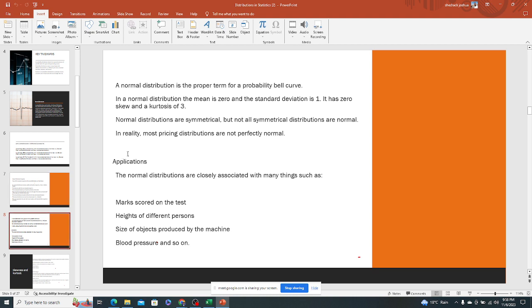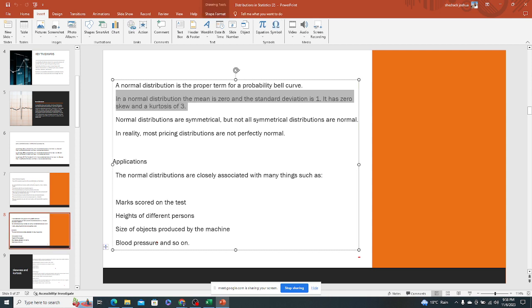Maybe the last part is that the normal distribution is a proper term for the probability bell curve. For a standard normal distribution, the mean is zero. We shall see how we can standardize a normal distribution.